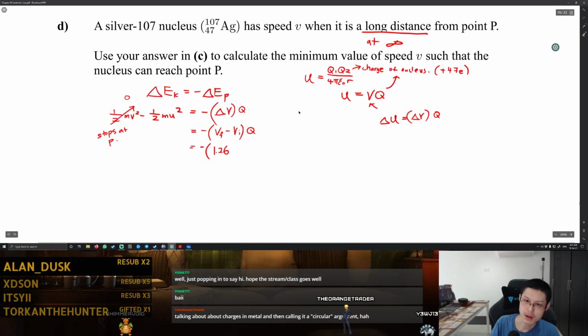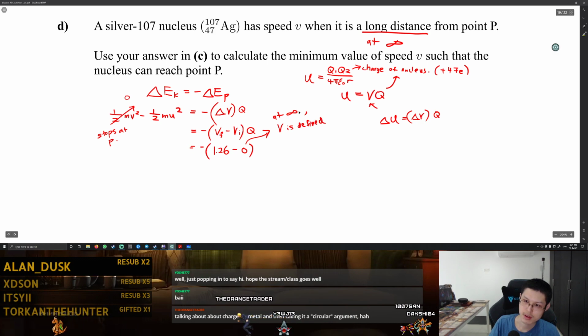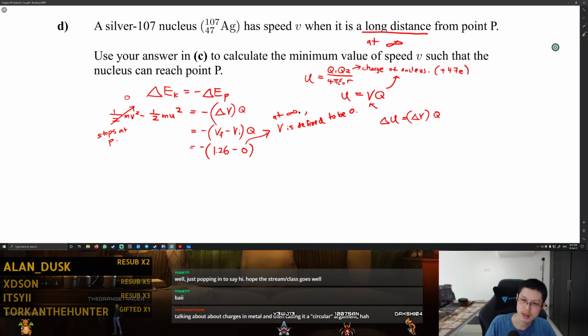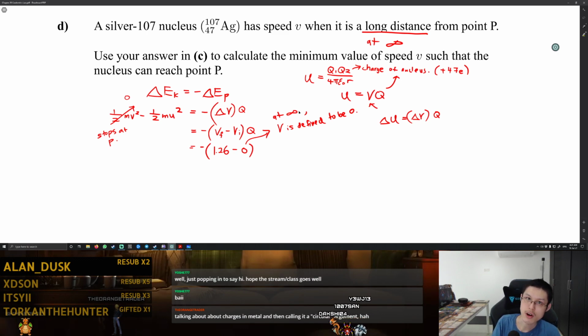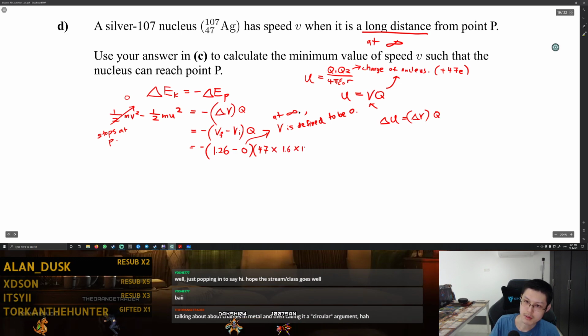My initial electric potential is going to be 0, because remember, at infinity, electric potential is defined to be 0. That's just by convention. And then Q is going to be the charge of my silver, which is 47 times 1.6 times 10 to the power of negative 19.